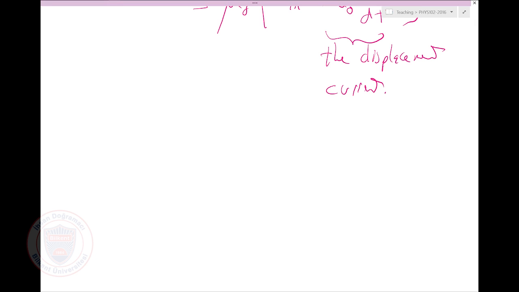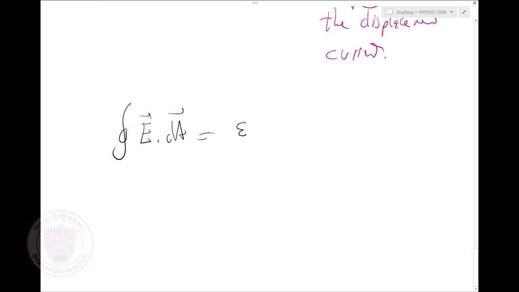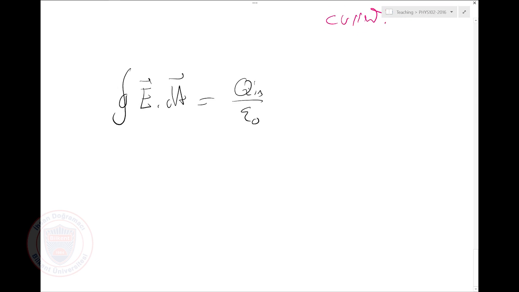So let me write down Maxwell's equations again now, and this time I hope to tell you why they are called Maxwell's equations. So Gauss's law, integral E dot dA is Q in over epsilon0. Integral B dot dA is 0.